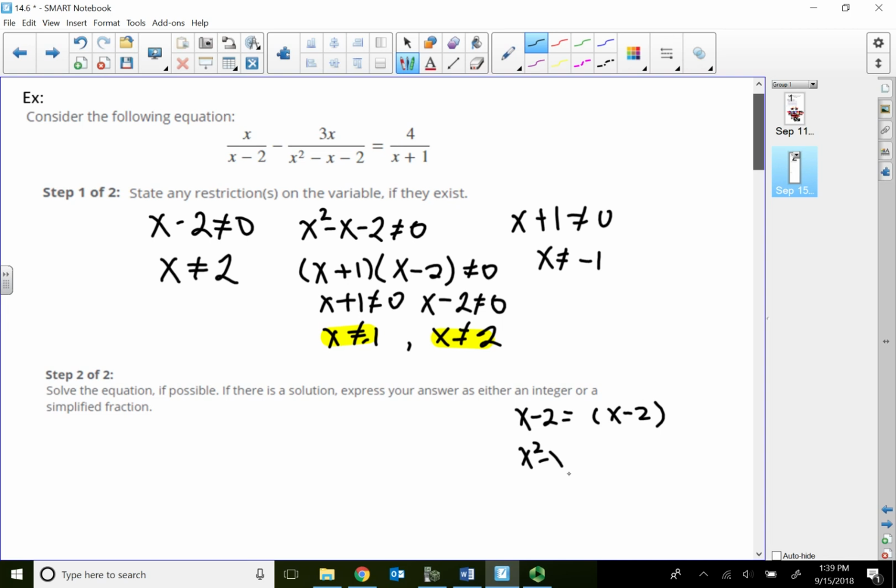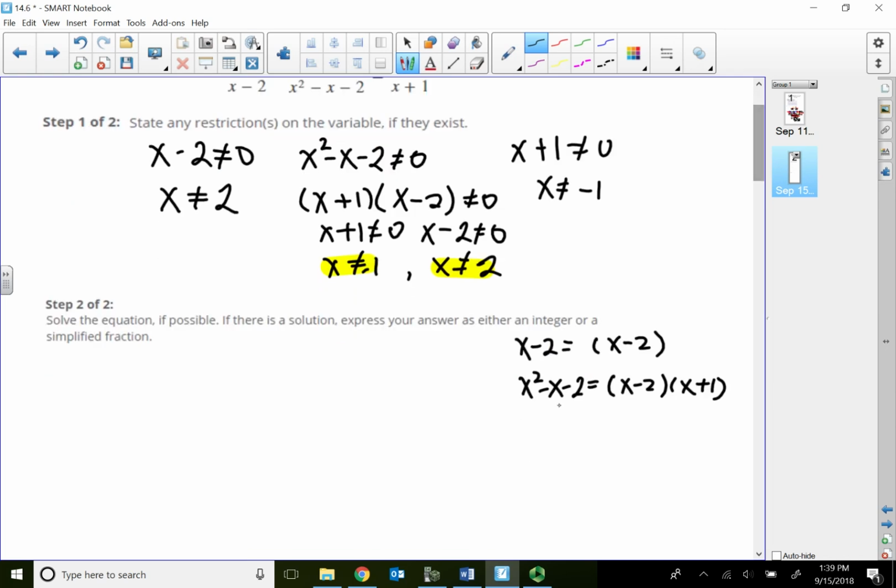The x squared minus x minus 2, I just factored it. I can write it as x minus 2 and x plus 1. The third denominator is x plus 1. There's nothing to factor out other than 1. So that would just be x plus 1. So my LCD would just be x minus 2 and x plus 1.